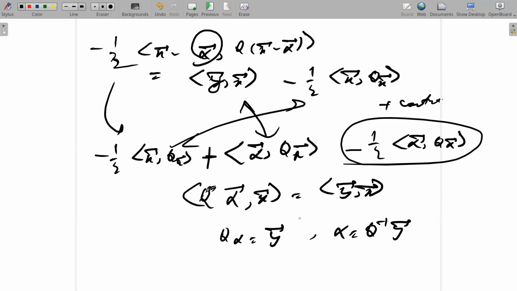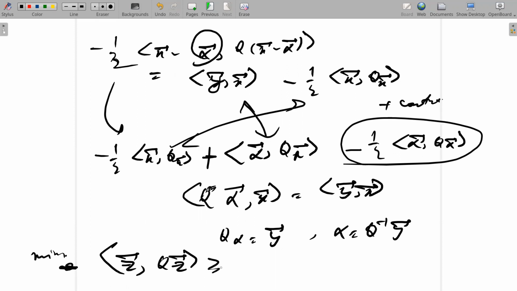So now backtracking, essentially I can rewrite this expression as minus half x minus q inverse y and so on. And then we're talking about maximizing a function of this nature. I have something like minus half z dot qz. So if I want to maximize this minus half whatever, I want to minimize this.